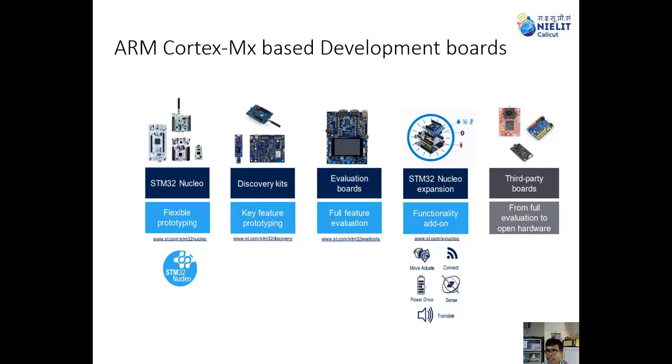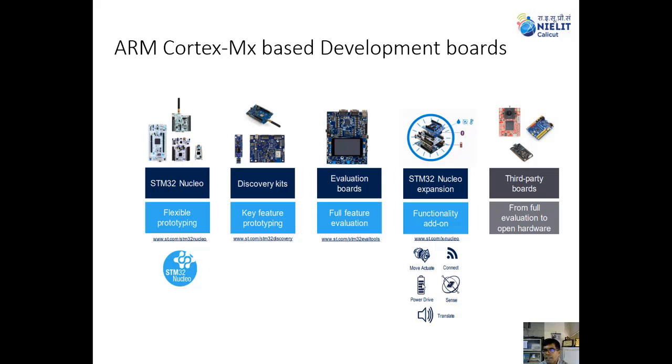These are the main three development boards manufactured by STM. Out of those, Nucleo is what we call flexible prototyping. If you are targeting existing third party expansion boards that you want to interface, then it will be easy to select the Nucleo series.